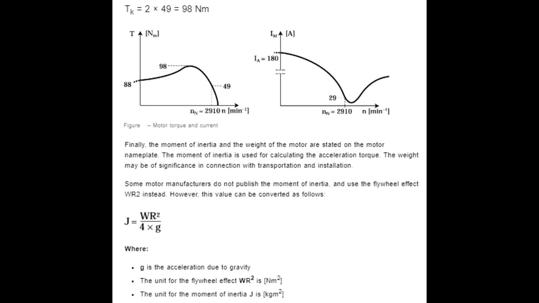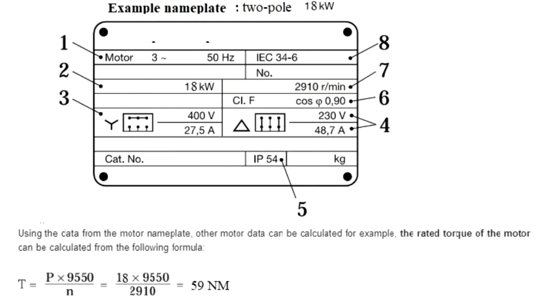The unit for the flywheel effect WR square is Newton meter square. The unit for the moment of inertia J is kilogram meter square. The torque of the motor can be calculated from the following formulas. P is 18 kW and N is RPM, and the result of the rated torque is 59 Newton meter.